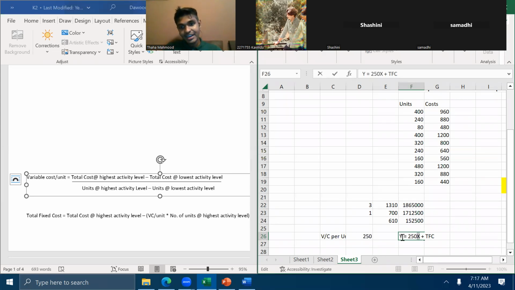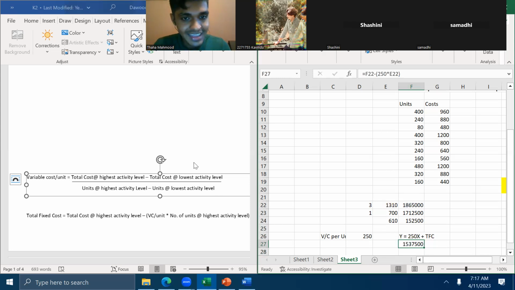So the cost at the highest activity level minus 250 into this one. This is the variable cost. This is the total cost. The difference between total variable cost and the total cost would be the total fixed cost.